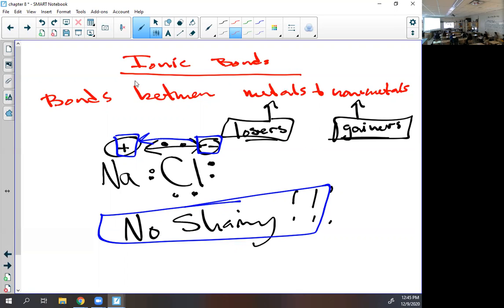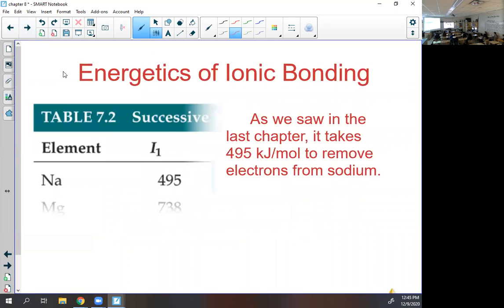All right. So when we talked last week, we talked about ionization energy. This section is called energetics of ionic bonding. It's kind of important, but it's not super awful. As we saw in the last chapter, it takes 495 kilojoules to remove electrons from sodium.